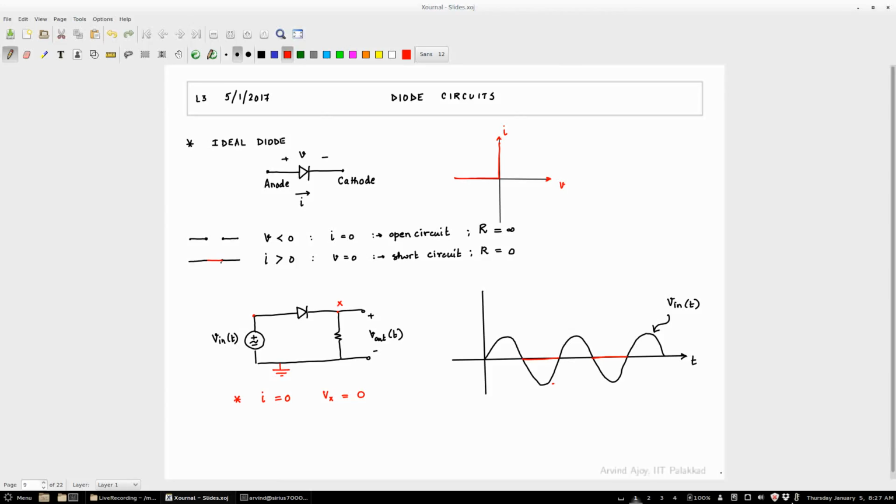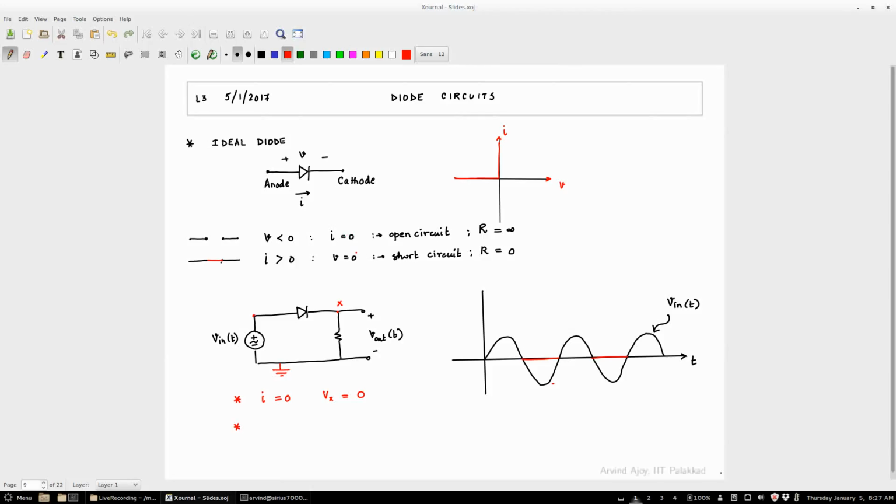And Vx is sitting at 0 volts. So the moment this particular point goes below 0, this device is off, right? So when is that? Whenever Vin is less than 0. So basically, whenever Vin is less than 0, Vout would be equal to 0. Right? So that would be the situation.